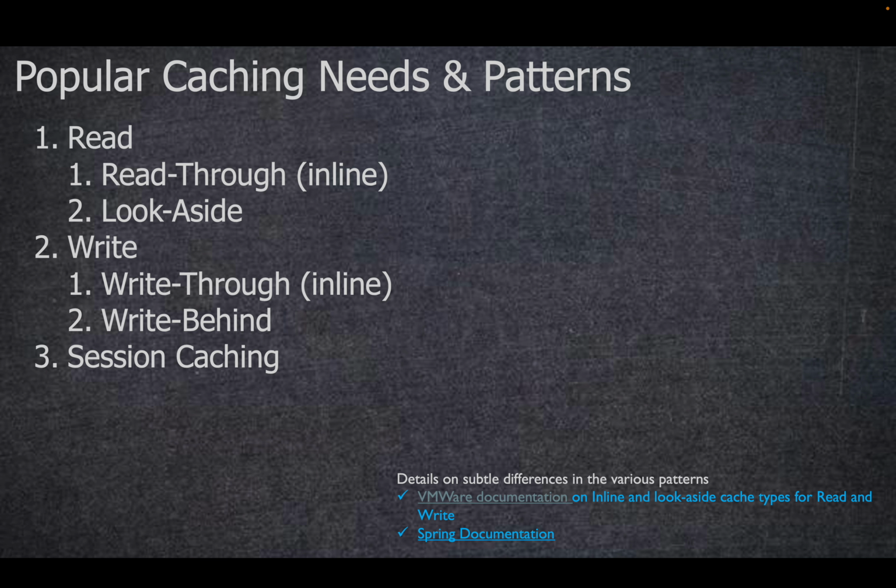But there are certain subtle differences between inline and not so inline with the way it is written to the cache. And I'm not going to go into the various details of these two types of caches, but I will provide a documentation here in my presentation, which very well explains the differences between the inline and non-inline.